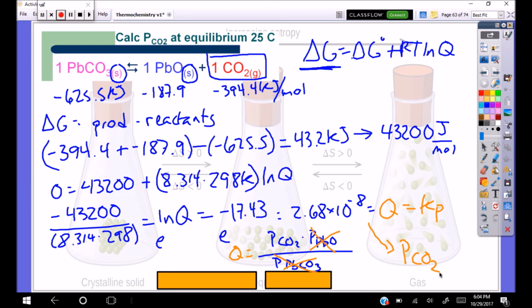Is this a spontaneous or a non-spontaneous reaction? If we look at our delta G, this is a non-spontaneous reaction. It makes a lot of sense that we didn't make much gas because it's not very favorable, right? We have a very small Q because we have only a little bit of gas being formed.